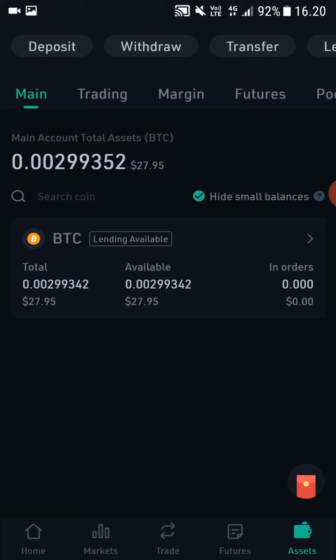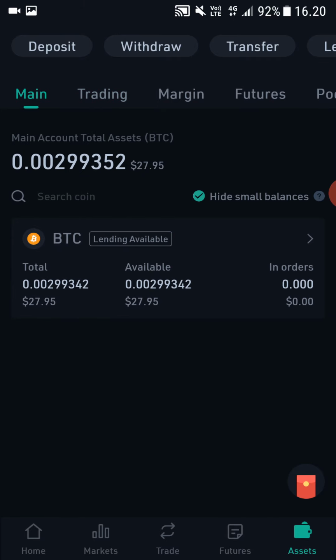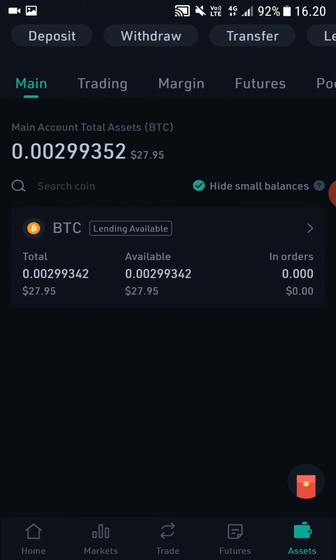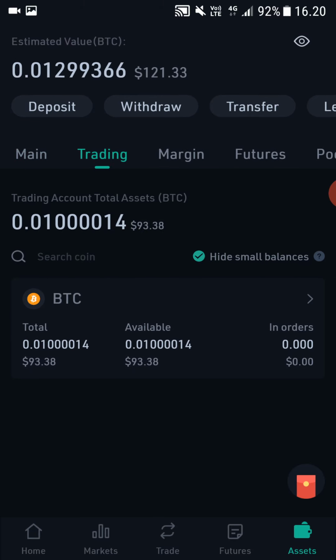I'm just using KuCoin to buy cryptocurrencies and trade cryptocurrencies. Pretty basic stuff. So I'm just using the main and the trading wallet. What this basically means is the main wallet is a wallet where you can't use this wallet for trading. But on the other hand, when you go trading, this is the wallet that you are using when you are trading.